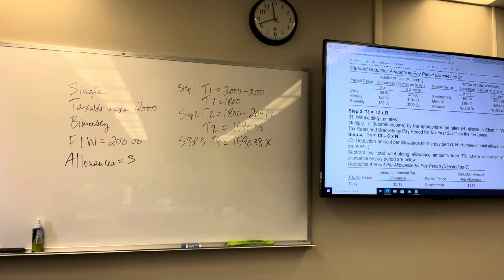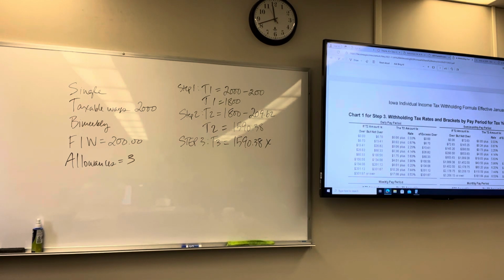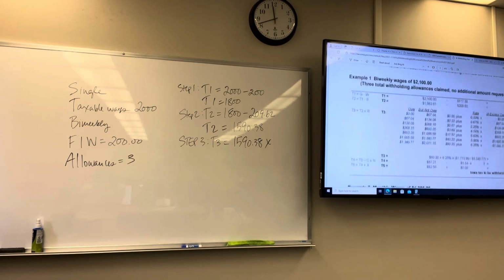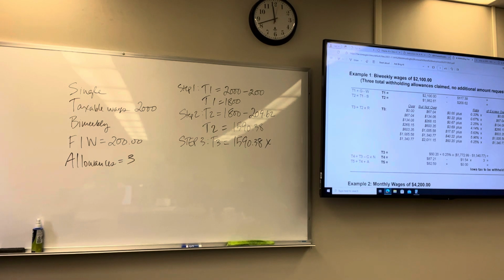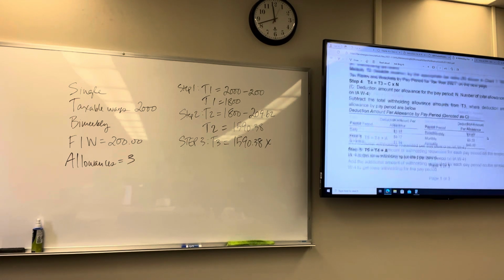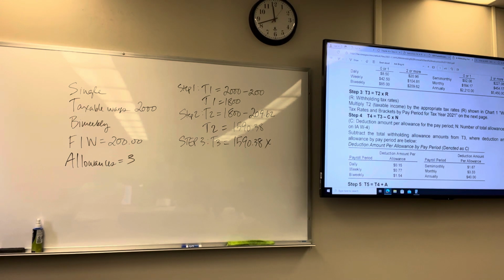Fully tax rates by brackets. Oh, this says 2020. This is weird because it says 2022 on these, but it says 2021 up here. Unless they just didn't change that.